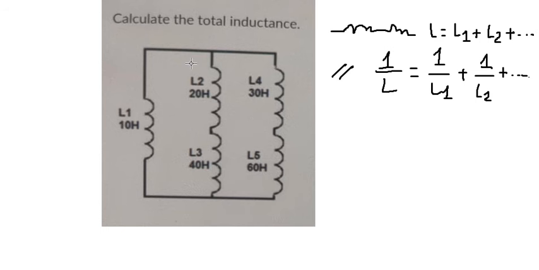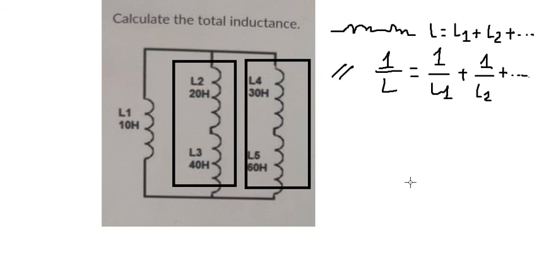So for this one, we can see that they are in series. L2,3 equals L2 plus L3. So L2 we have 20, L3 we have 40.